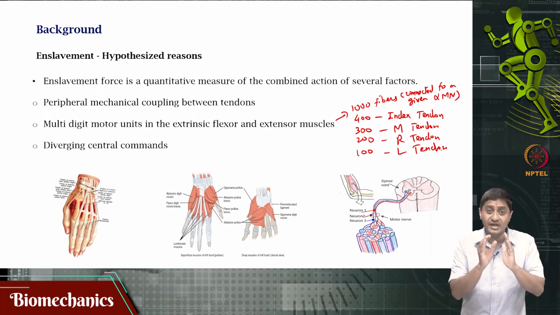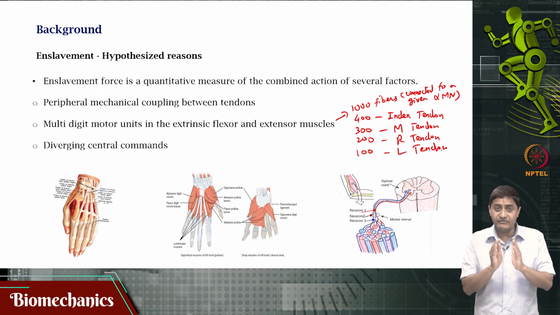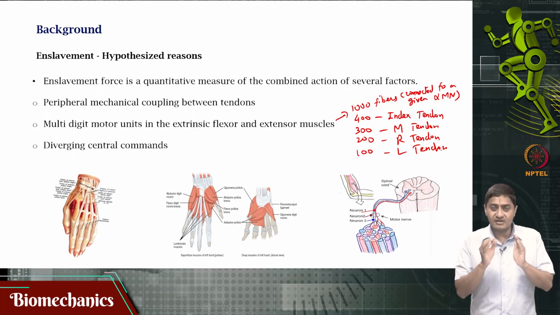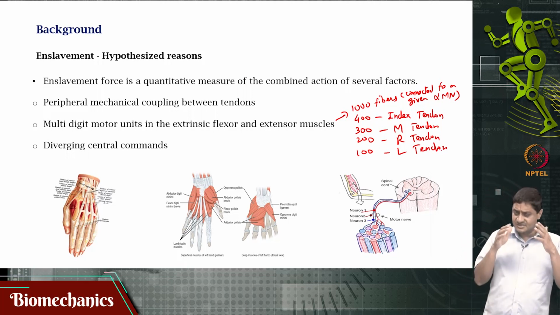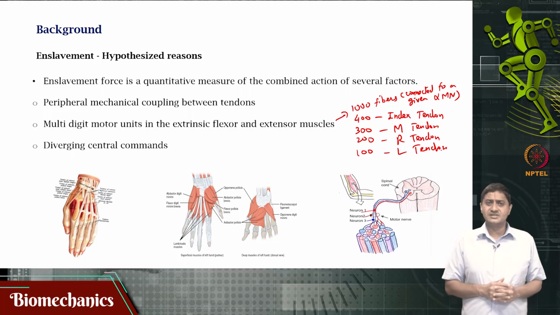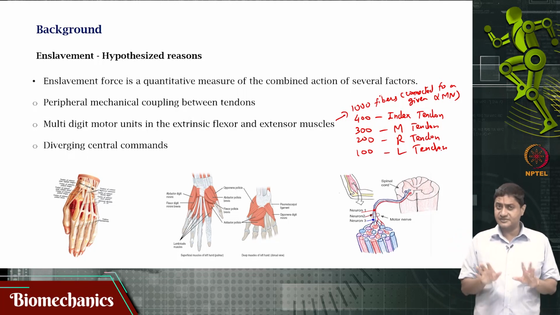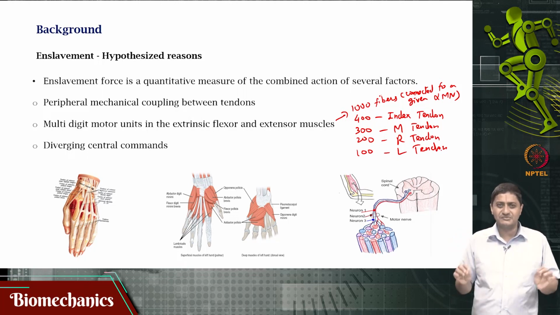This is if this was the only motor neuron and the muscle fibers contracting at that time. Let us assume that this is the only motor unit that is contracting at that time for the sake of discussion. So, many assumptions we are making.